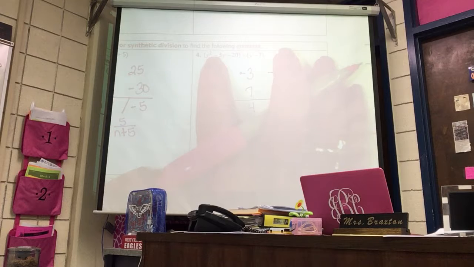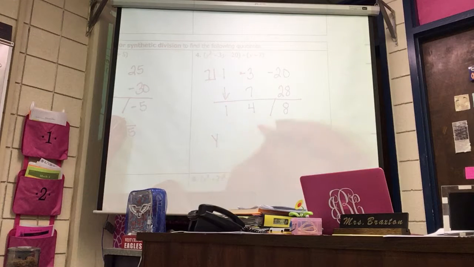This is squared again, so you go down 1 degree. So I have y plus 4 plus 8 over y subtract 7. I would do this before I did long division. But we did long division because you can't do it for all of them.